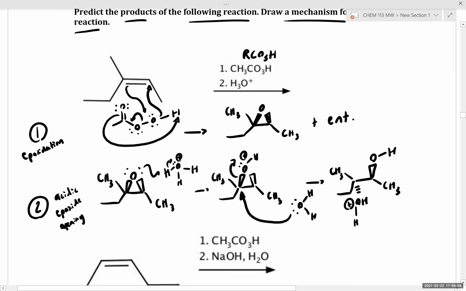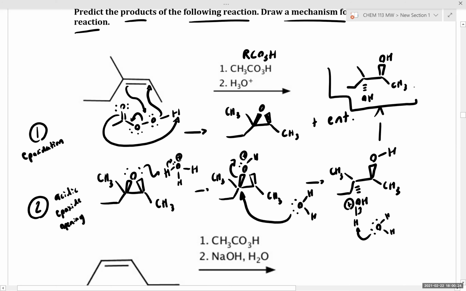Now, one thing I do want to note is, as the last step, you do have to deprotonate your alcohol. In that case, we get as our final product the following trans diol. So this is a wonderful method to make trans diols from alkenes.